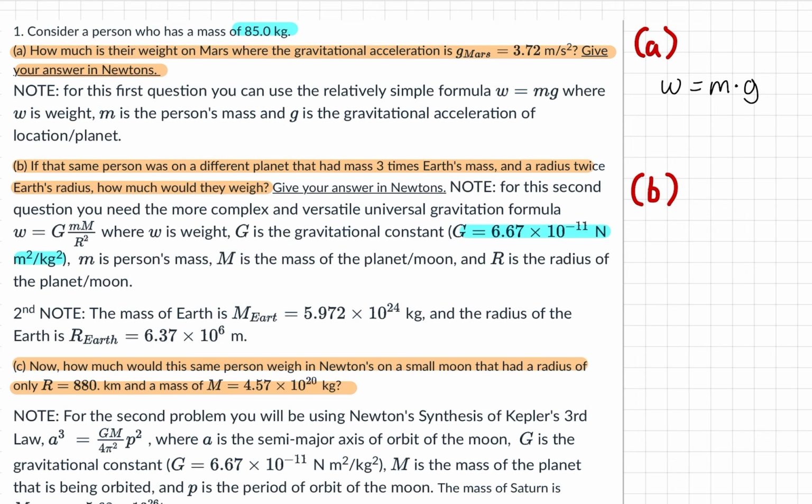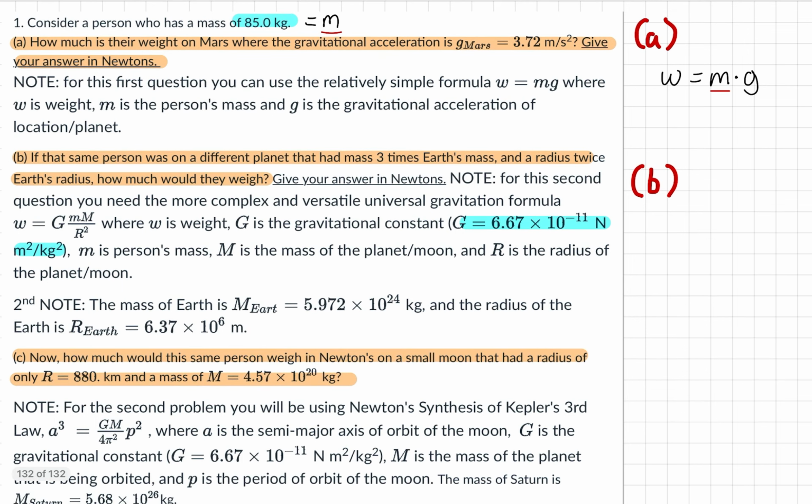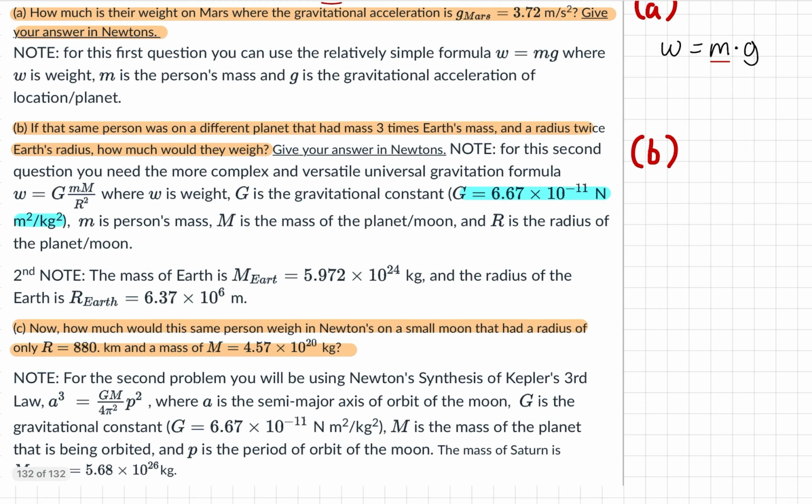So when we had the value of mass right here, little m, for the formula for part A, we're going to use that same little m for the formula for part B, which I'll write down in just a second after I take note of our last step here when we're discussing collecting our variables. No more constants, but we do have our little m.